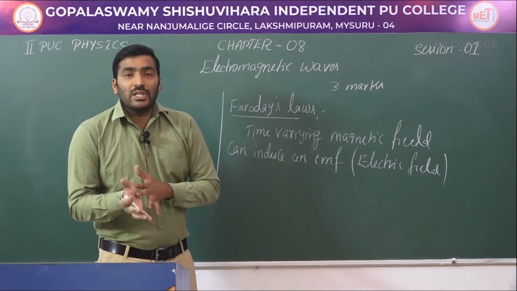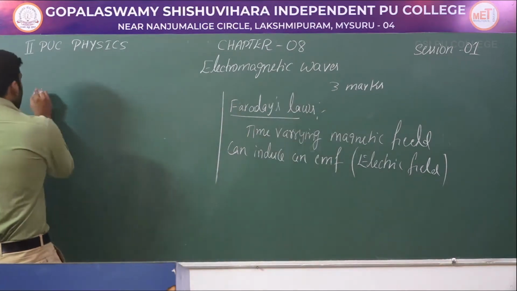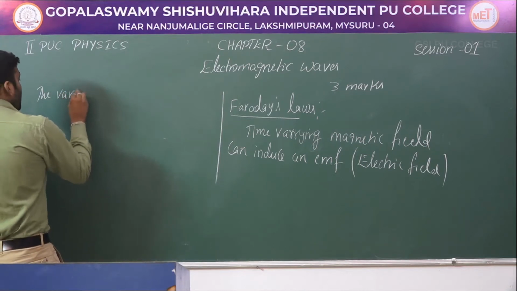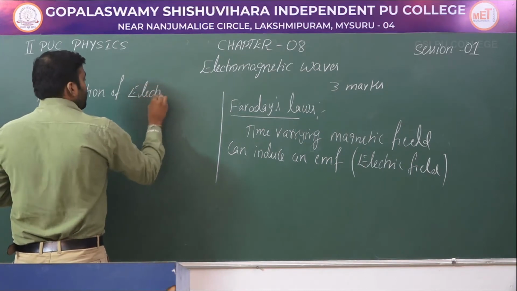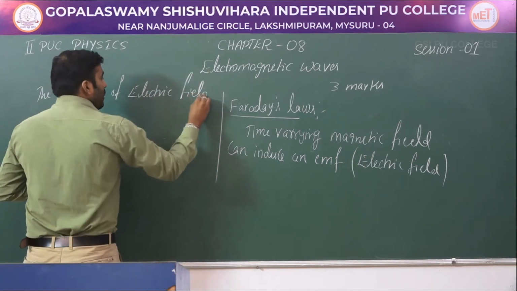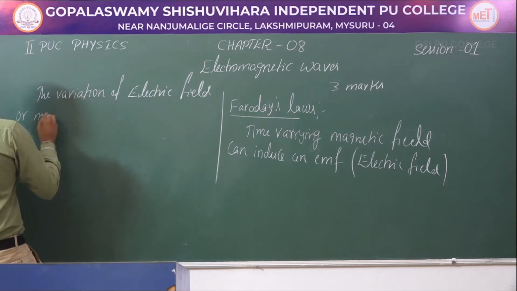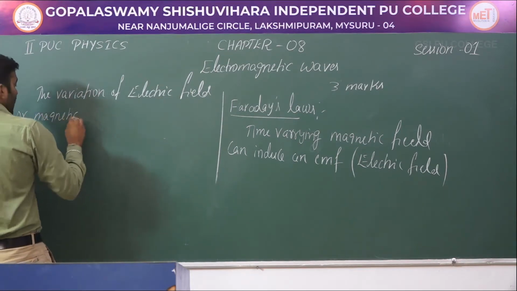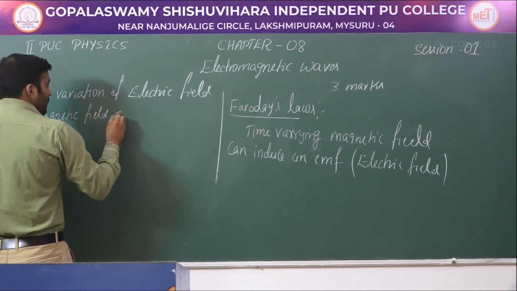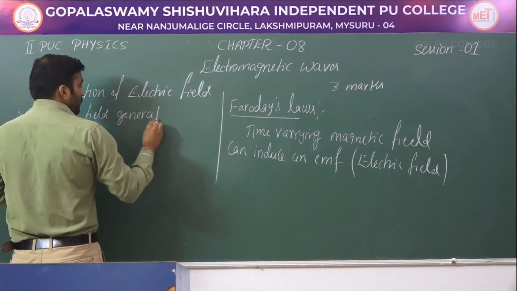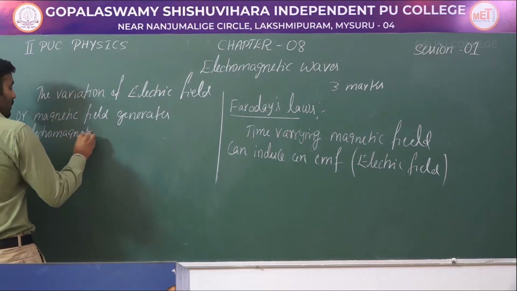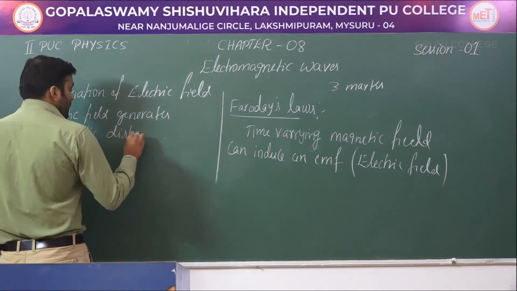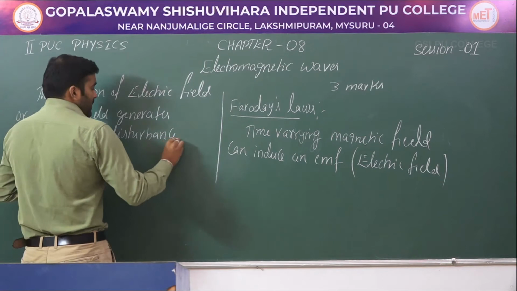So, this is his observation and he concluded that the variation of electric field or magnetic field generates an electromagnetic disturbance in space.